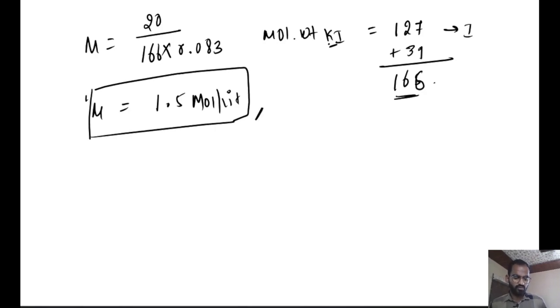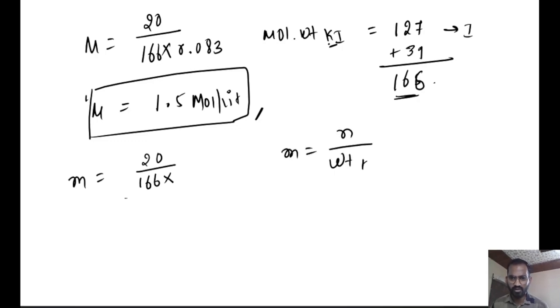Second, what we have to find is the molality. Molality is also the same: the number of moles divided by the weight of solvent. So 20 gram divided by 166, that is the molar weight of KI. The formula is molality equals the number of moles by the weight of solvent in kilogram.